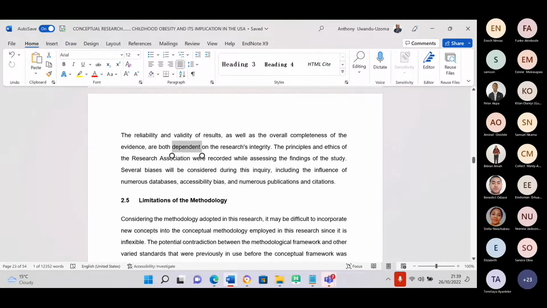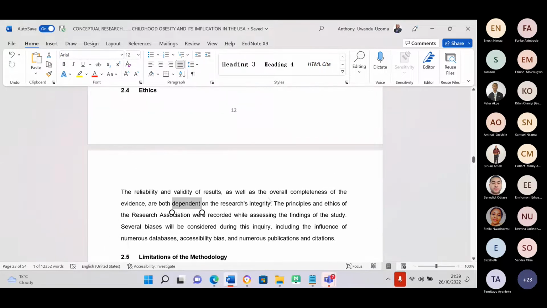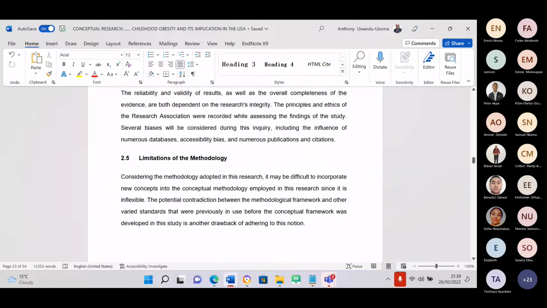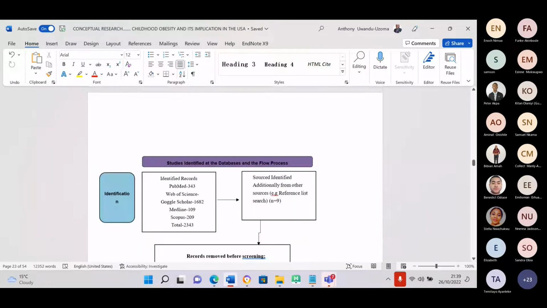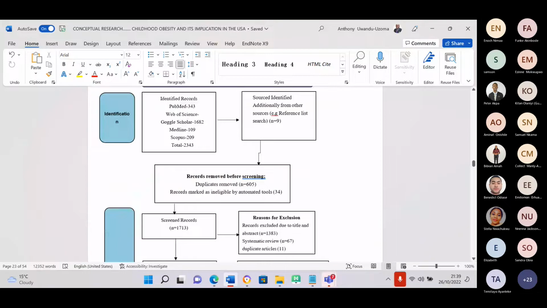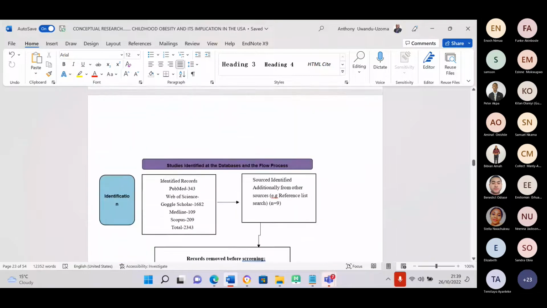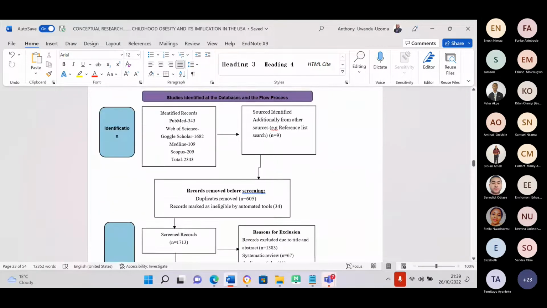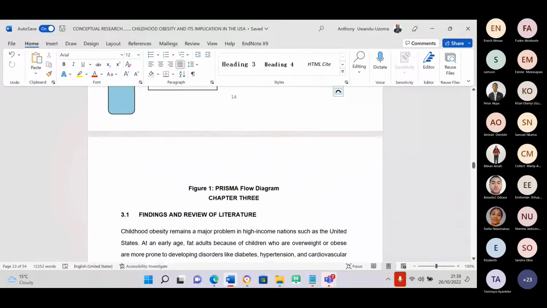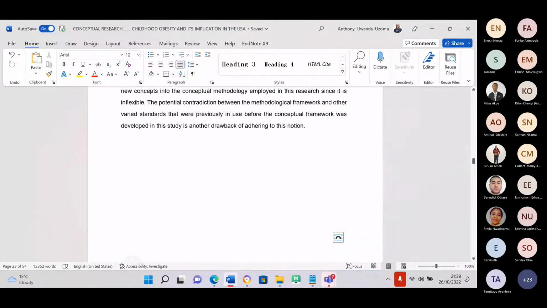That should also be there, though this person didn't write it. Then tell us any limitation of your methodology. The other parts you fill in when you start writing the main project. So that is all.